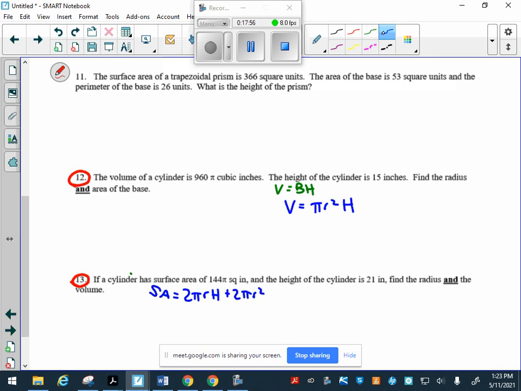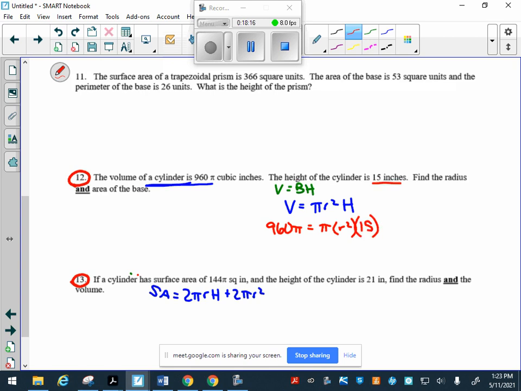Okay, so you've got pi r squared h equals the volume, and they're telling us that the volume is 960. So we're just going to plug in what we know and solve for what we don't know. 960 pi equals pi times r squared times our height, which is 15.